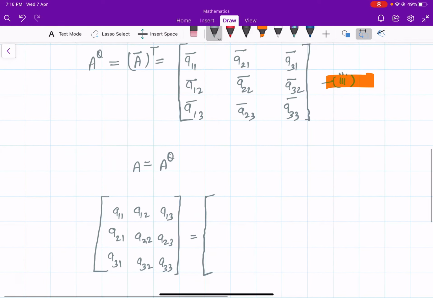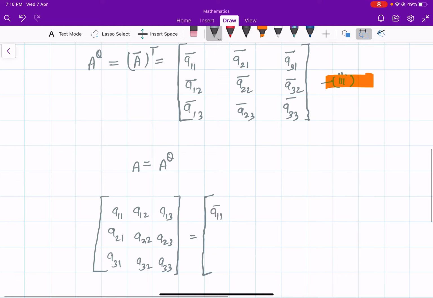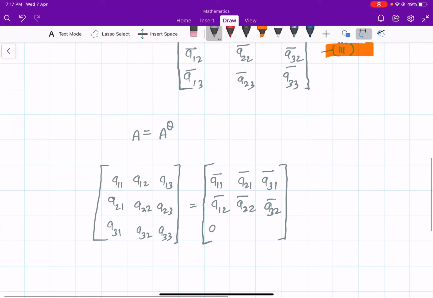This will be A11 bar, A21 bar, A31 bar, A12 bar, A22 bar, A32 bar, and the next row is A13 bar, A23 bar, and A33 bar.